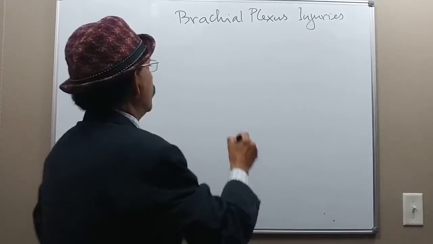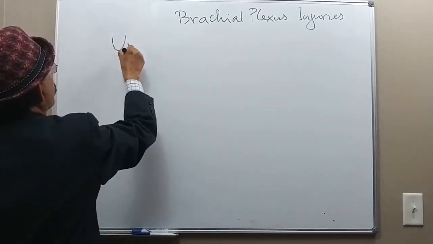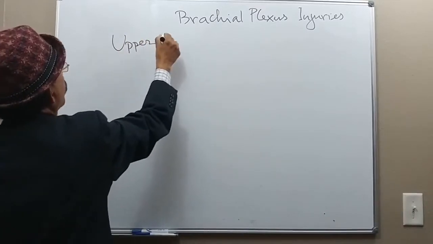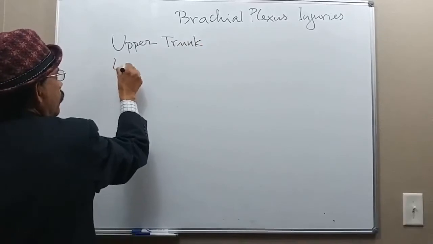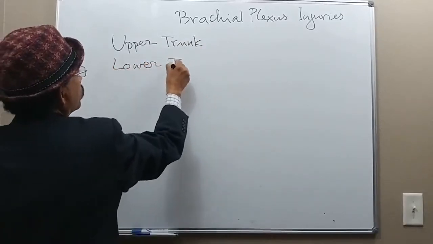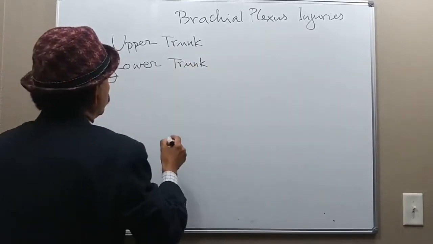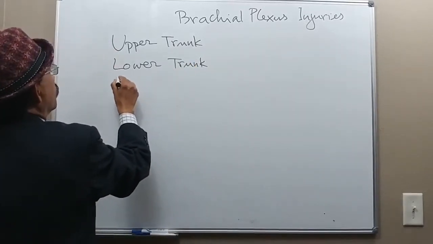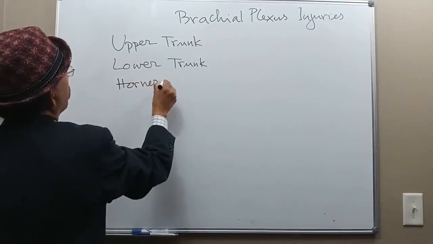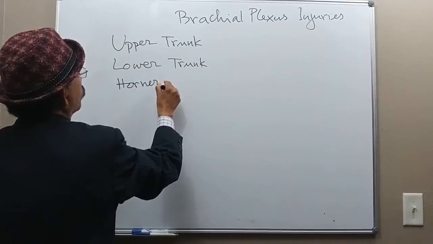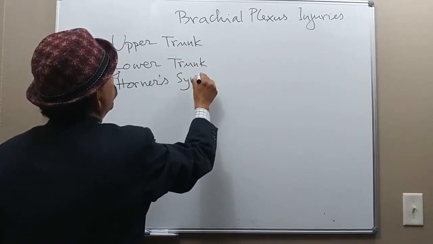I will discuss the injuries of the upper trunk, lower trunk, and also I'll emphasize the Horner's syndrome associated with brachial plexus injury.